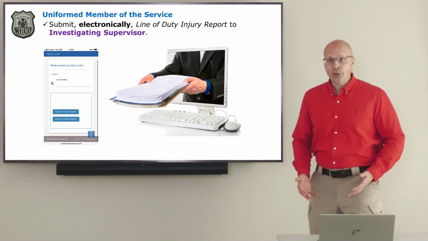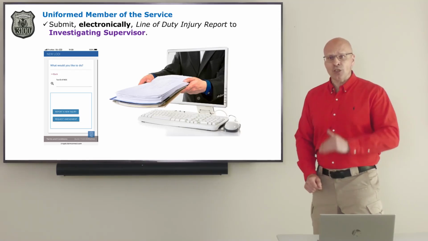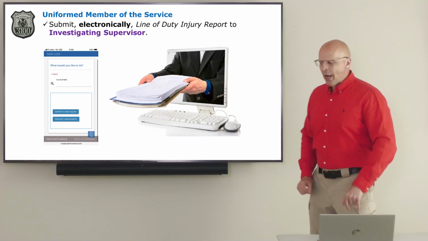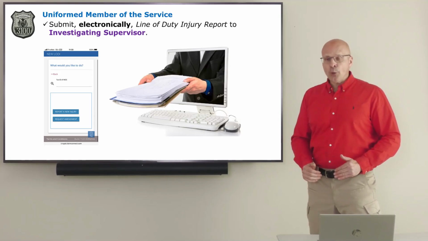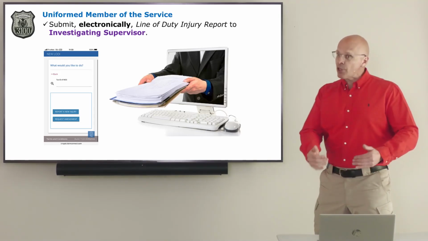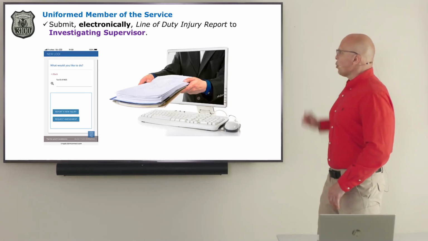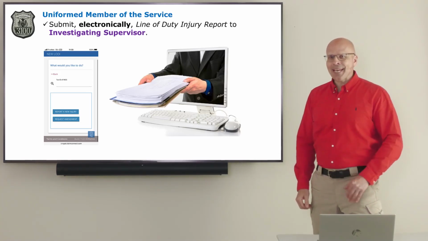Who are we submitting it to? The investigating supervisor, because the investigating supervisor is going to have to review it and sign off on it. So as the uniformed member of service who is injured, after you prepare it, as long as you are able to prepare it, you submit it electronically, because it's a computer form, the line of duty report, to the investigating supervisor. Because what is he going to do?